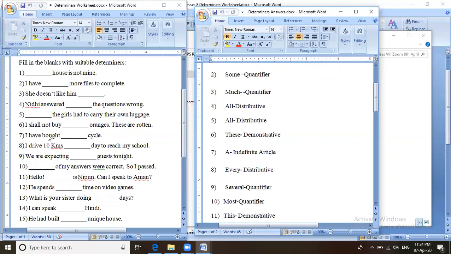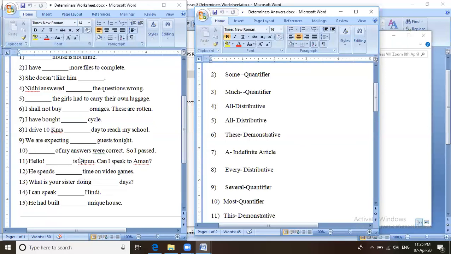Seventh one: I have bought a cycle. A is an indefinite article. I drive 10 kilometers every day. Every is distributive. We are expecting several guests tonight. Several, quantifier. All of my answers were correct. So it has to be plural over here, so several or all.